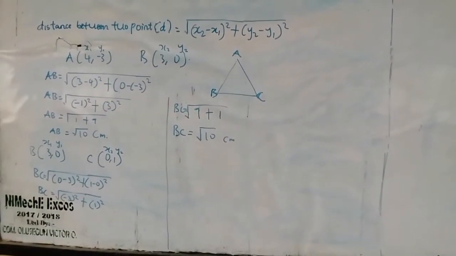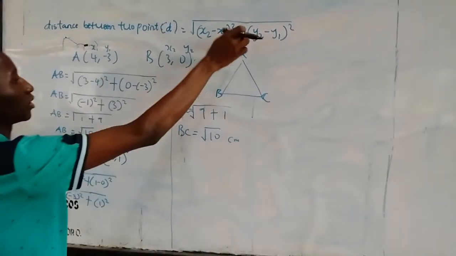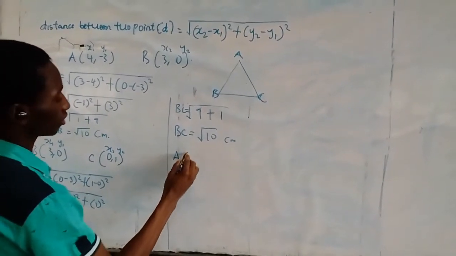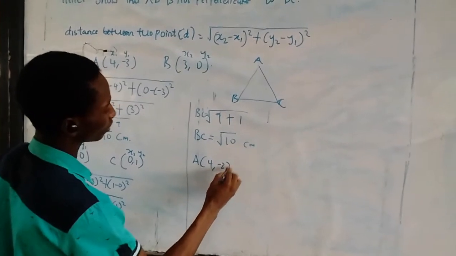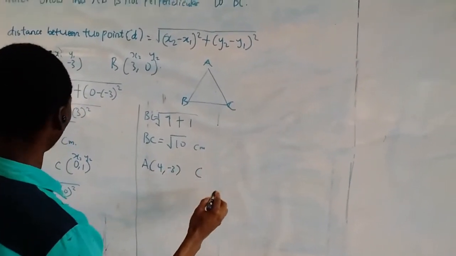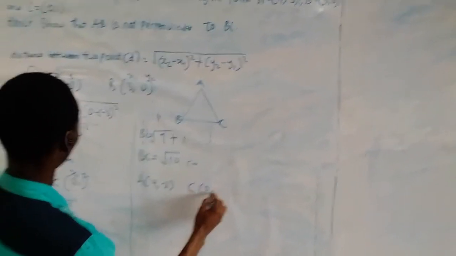Then the next distance we are going to find for the triangle is our AC. A is given as 4, -3, while our C is 0, 1.